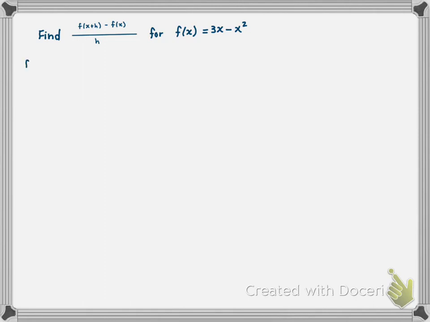So we have f of x plus h minus f of x over h equals, so starting with f of x plus h, my input is x plus h. So my function says multiply 3 times your input, and then subtract your input squared.